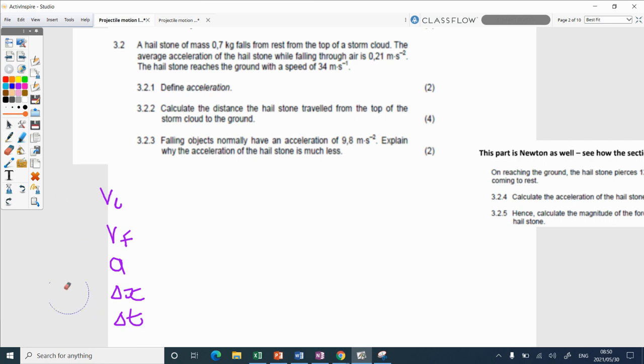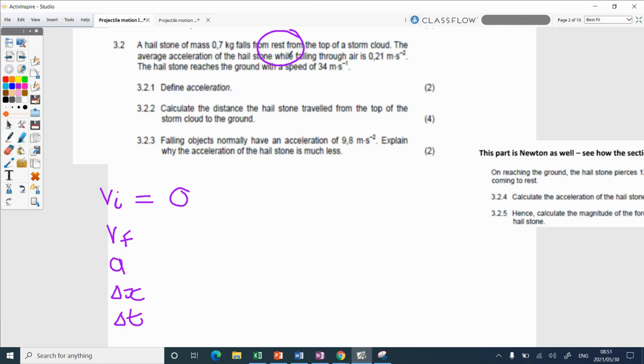I always read the question quickly to get a sense of what's going on, the story. Remember, the story is important. And then you put in your values. A hailstone of mass that falls from rest. From rest. Is that screaming something at you? Which velocity? Initial velocity is 0.